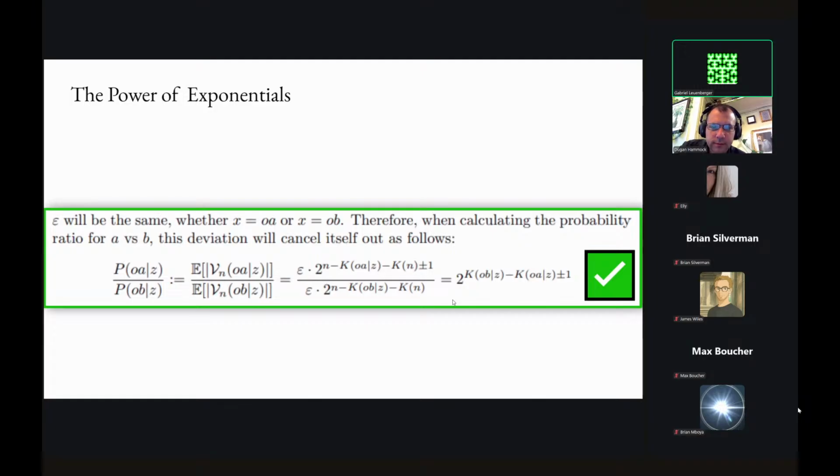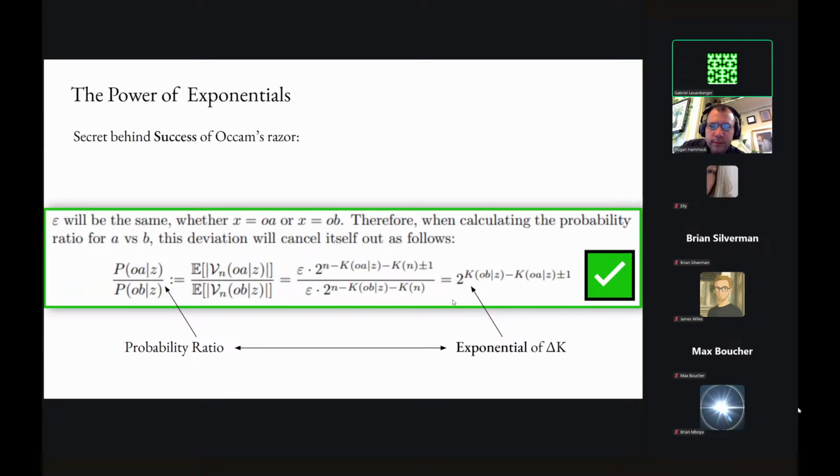So what's important to note here is that the probability ratio depends on an exponential of a difference between Kolmogorov complexities. If the difference is only, let's say, 30 bits, then if you take 2 to the power of 30, this will already result in 1 billion.